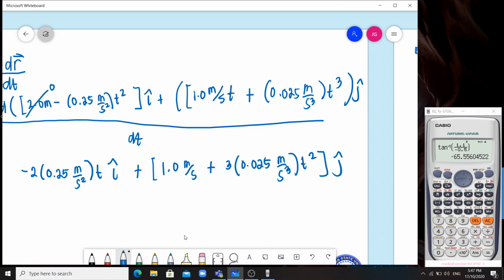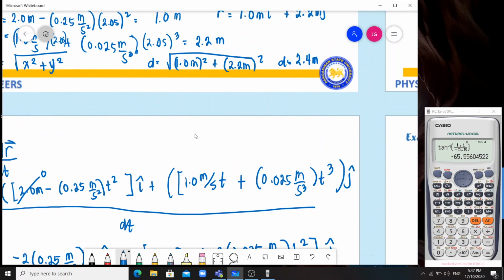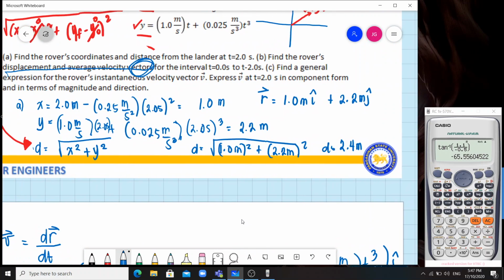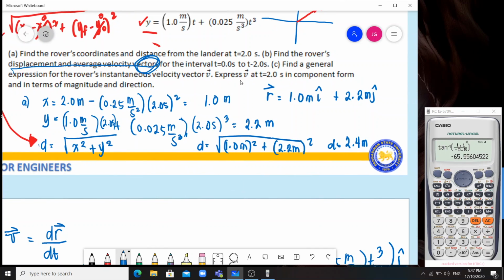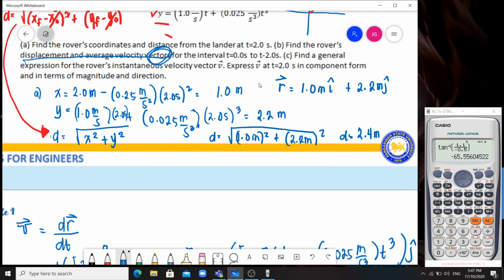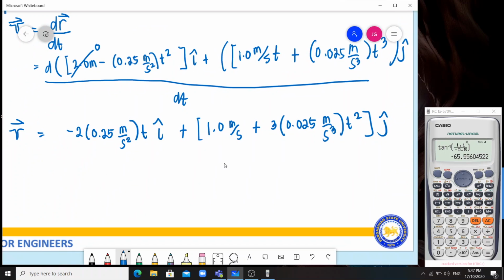So, we now have a function or vector of the instantaneous velocity. Now, what we are asked is to express V at t equals 2 seconds in component form and in terms of magnitude and direction. So, at 2 seconds, what is its instantaneous velocity?